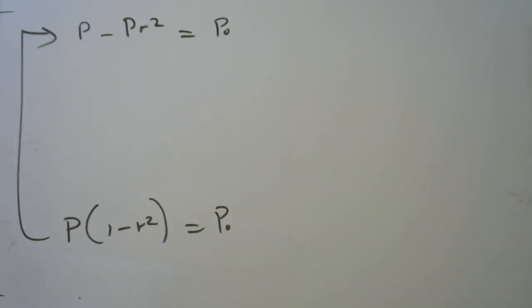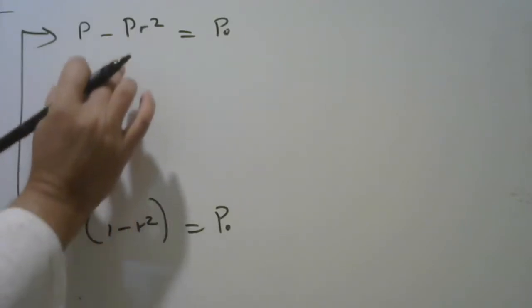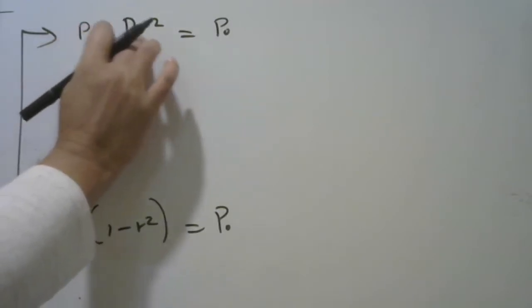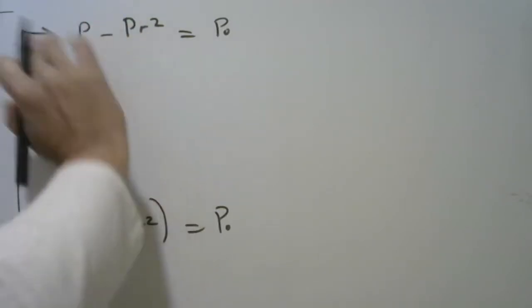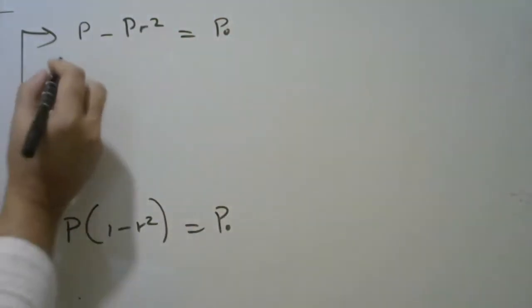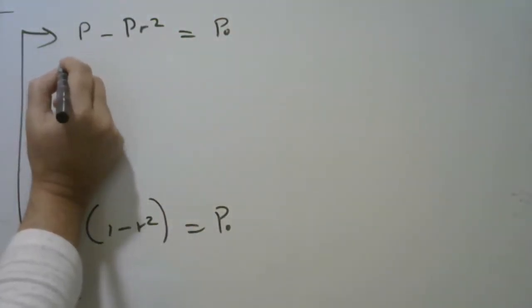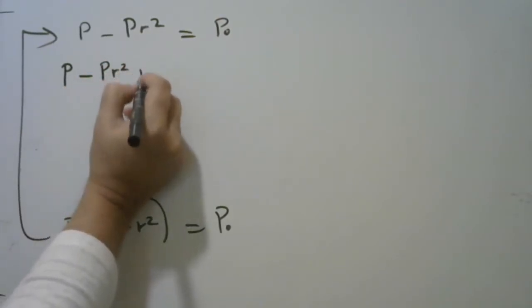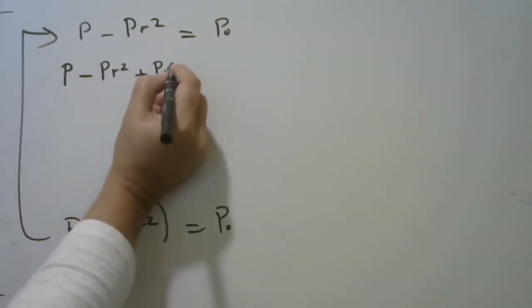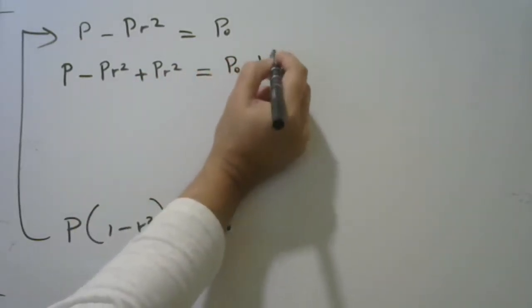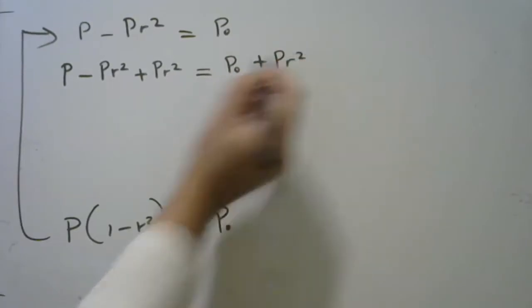Now, we want to get the term with R squared on one side. So this is negative PR squared. We can take it to the other side by adding it to both sides. So this can be P minus PR squared plus PR squared equals P naught plus PR squared.